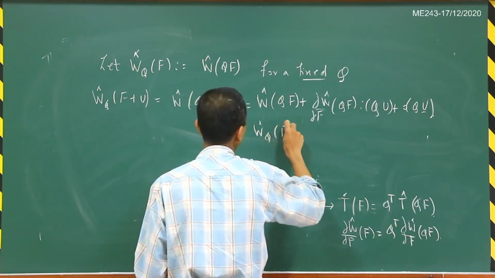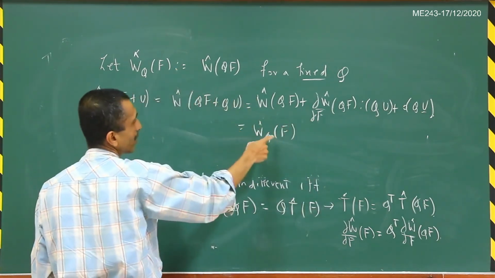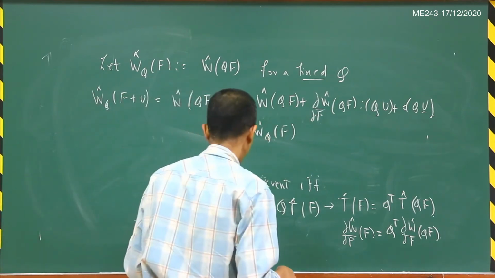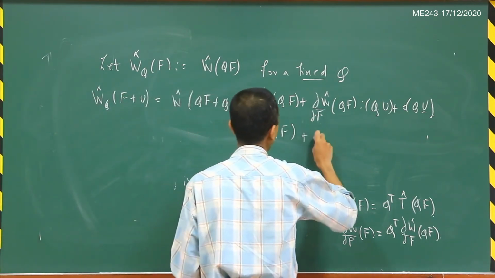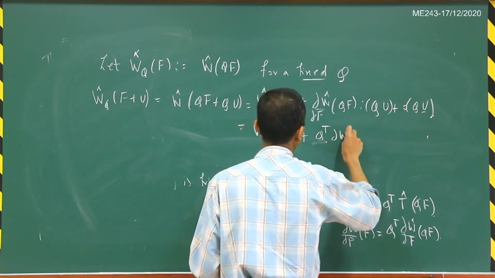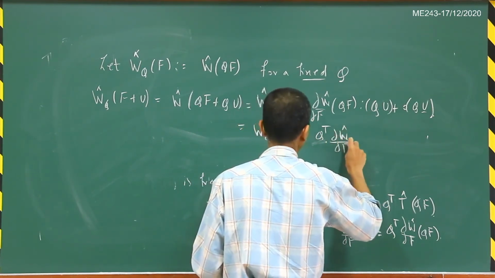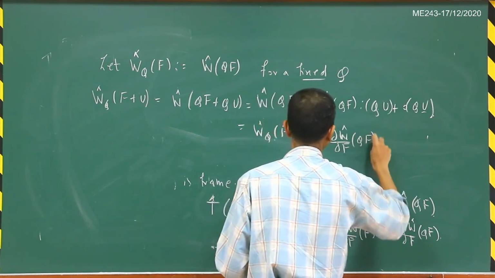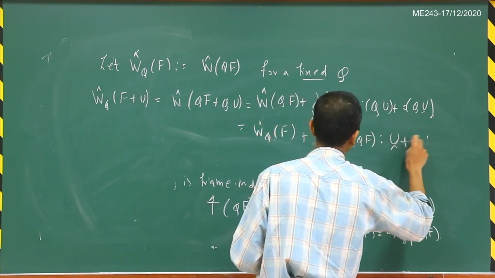Okay, use this definition here. So that is W hat of Q of F plus Q transpose times del W hat by del F at QF times U plus higher order terms.